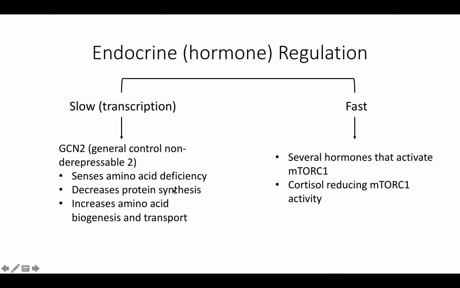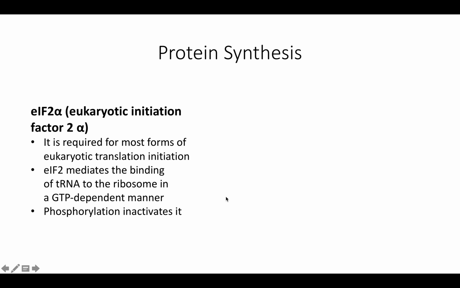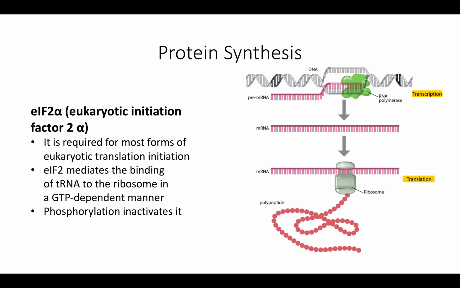Now, I said we will be talking about the last two bullet points here of GCN2 regulation. But before we do that, I wanted us to take a moment and talk about this eukaryotic initiation factor 2 alpha. Now, this initiation factor is required in most eukaryotic cells to initiate translation.